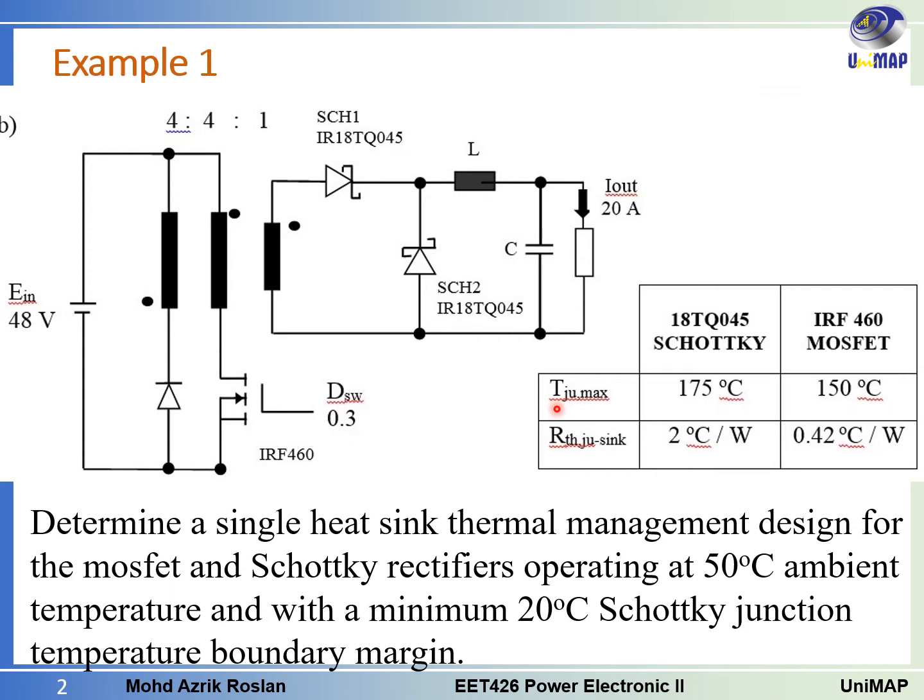This is the maximum junction temperature for the Schottky diode, which is 175 degrees C, and for the Mosfet is 150 degrees C. And for the thermal resistance from junction to sink, this is given as 2 degrees C per watt, and for the Mosfet is 0.42 degrees C per watt.